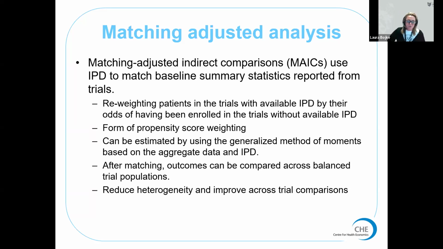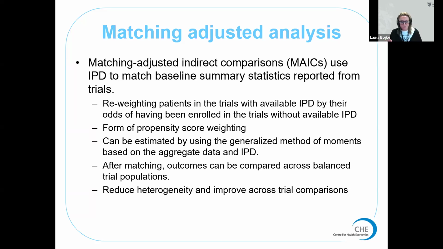And match-adjusted analysis requires the use of individual level data, so we have that caveat, and it attempts to match individuals based on baseline summary statistics that are reported from individual trials. So it works to re-weight patients in the trial by their odds of having been enrolled within the trials without IPD. Okay, so it's a form of propensity score weighting, but allows us to pool across studies, and we can do that where we have IPD, and we also want to pool with aggregate level data as well.